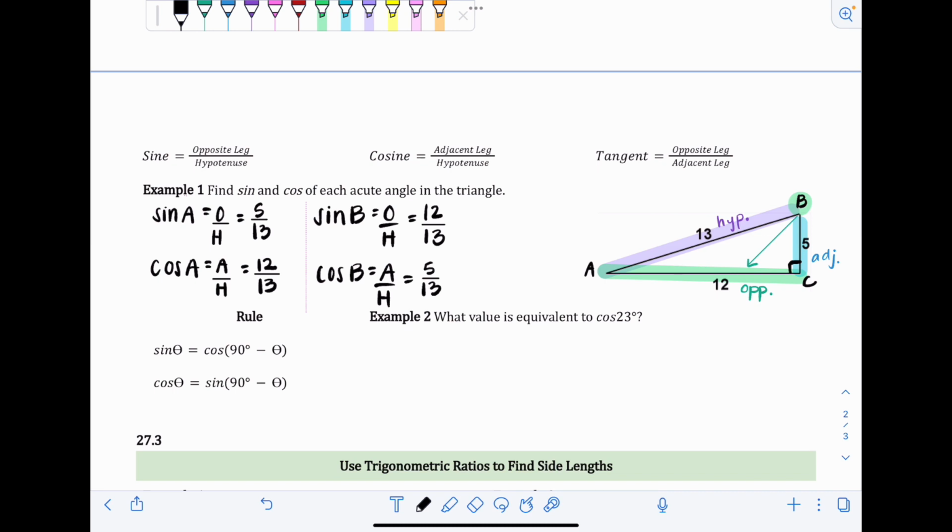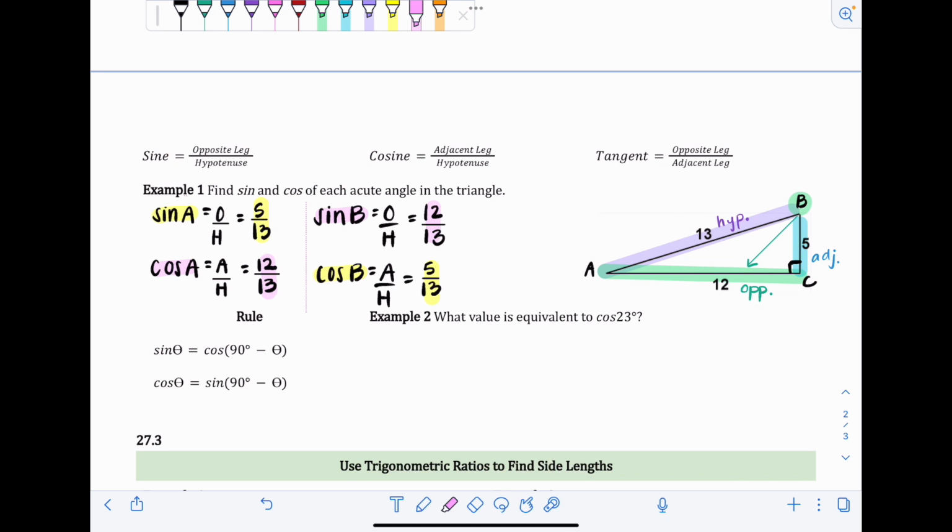And then if we look at the relationship between their sines and cosines, the sine of angle A was the same thing as the cosine of angle B. They were both 5 over 13. And the cosine of angle A was the same as the sine of angle B, which were both 12 over 13.